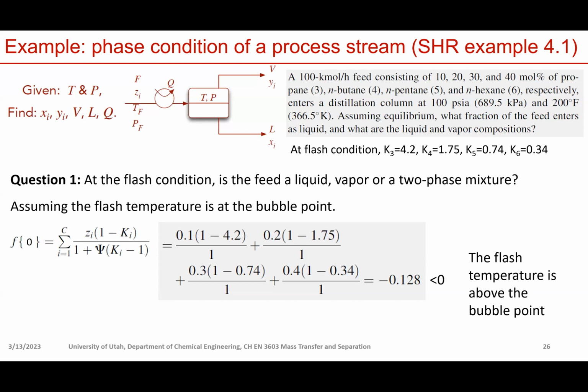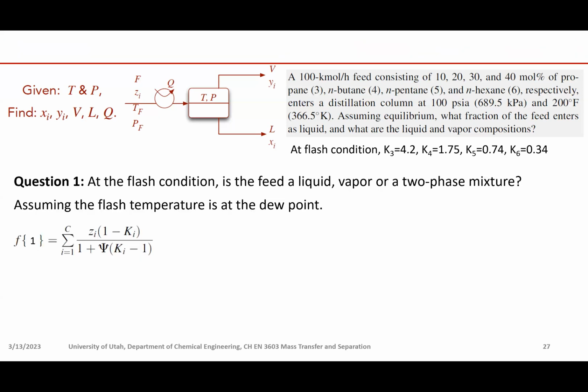If the flash temperature is above the bubble point and below the dew point, we are operating in the two-phase region where both vapor and liquid phases are present. So next, we assume the flash temperature is at the dew point temperature. Again, you plug in psi equals 1 into this equation.